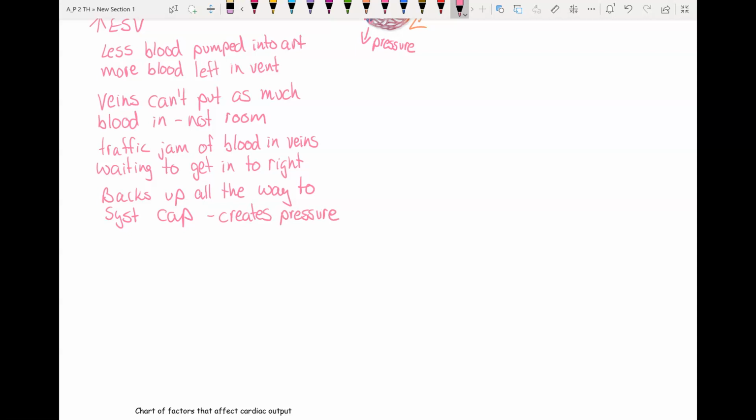And remember in chapter 18 lab, when I came to your lab table with the magnet and the little water molecules, and we talked about how capillaries have holes in them, they're permeable, and that you face a problem of the water wanting to fall out from those holes, but your plasma protein is what saves you? Well, if you get a lot of pressure here, that pressure can push water out, despite your plasma protein trying to hold on to it.